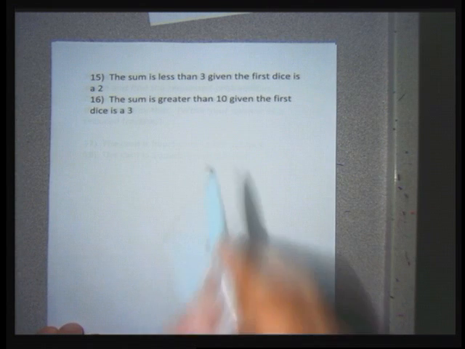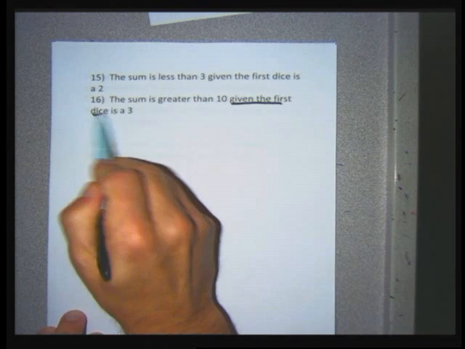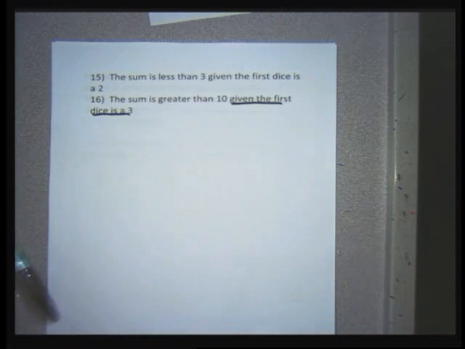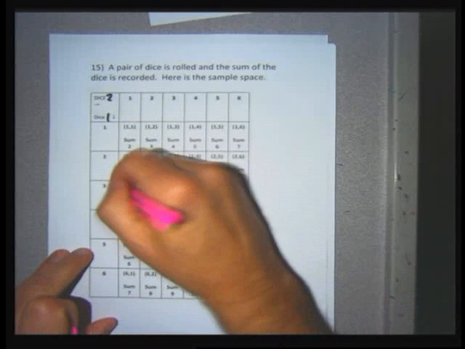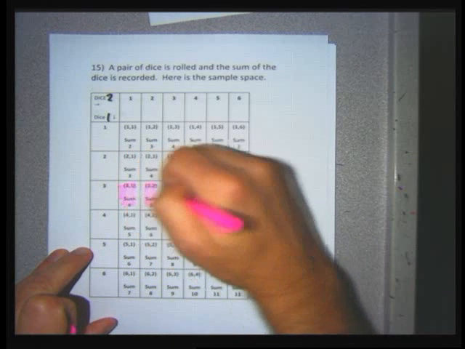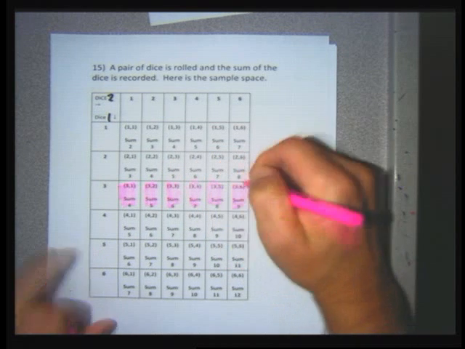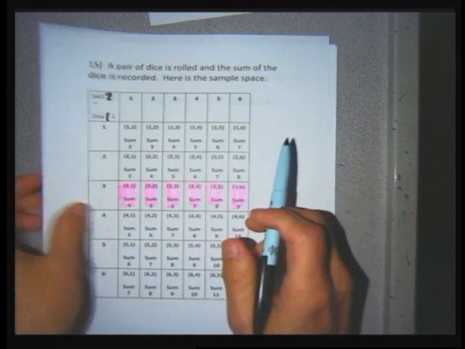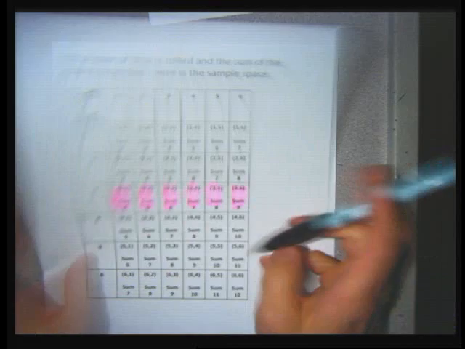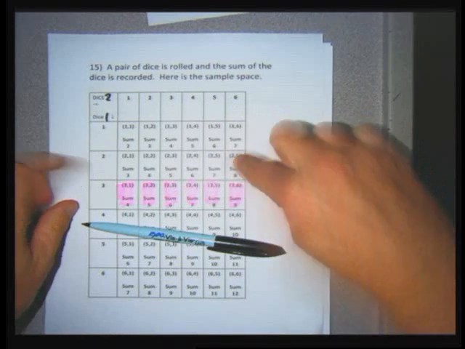First thing I need to hammer out in problem 16 is given the first dice is a 3. So I go through my sample space and I find all the ones that have a first dice as a 3, and I call those my reduced sample space. So my reduced sample space is going to have those 6 elements in it, a 3, 1 through 3, 6, and their sums. So I write down my reduced sample space.